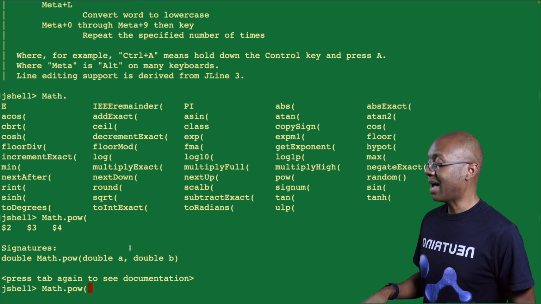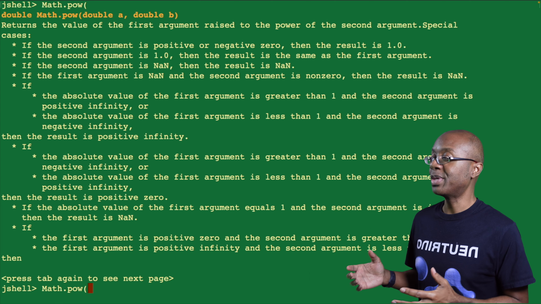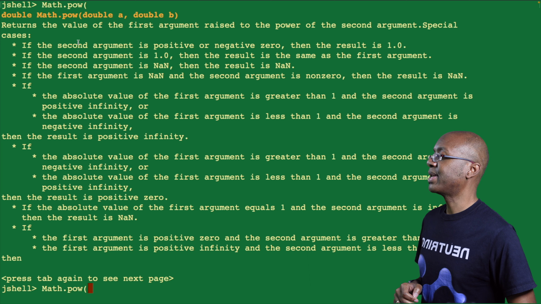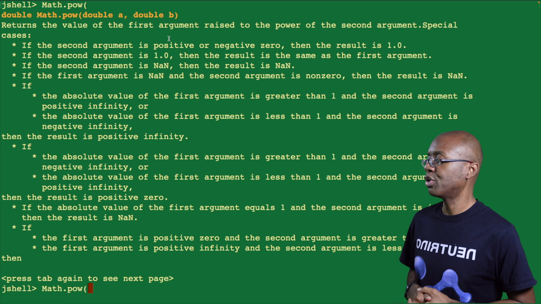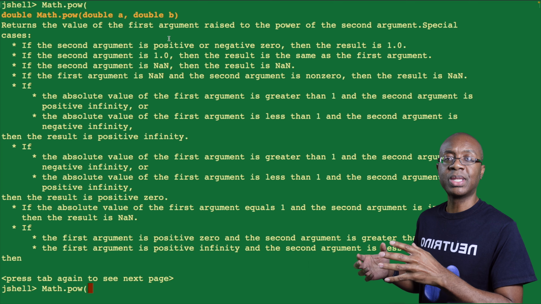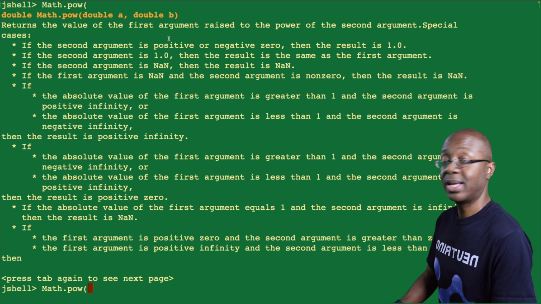So if I hit tab yet again, now I get basically the Javadocs for this method. And I can read right here, returns the value of the first argument raised to the power of the second argument. So in other words, you've got some really nice access to online help of the Javadocs for the methods and classes of Java. And so that's actually quite helpful.